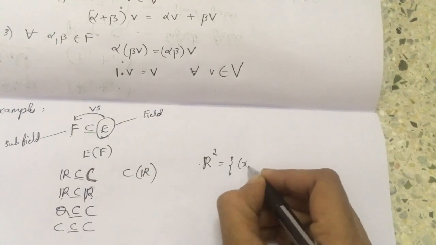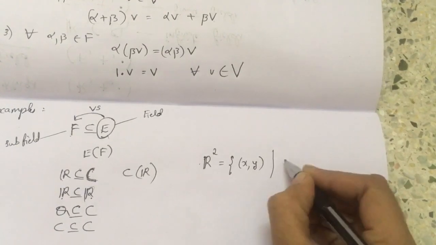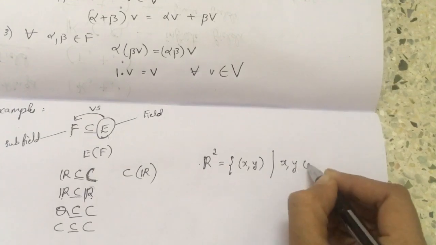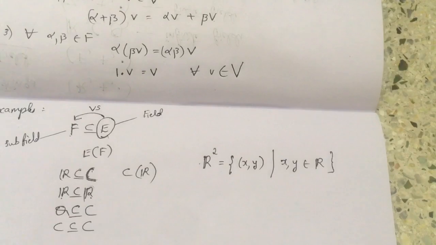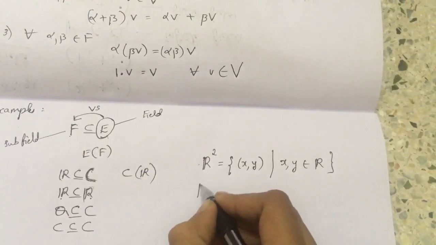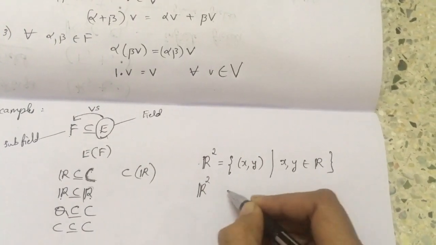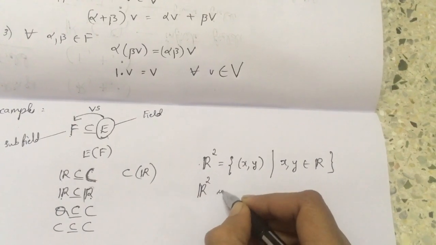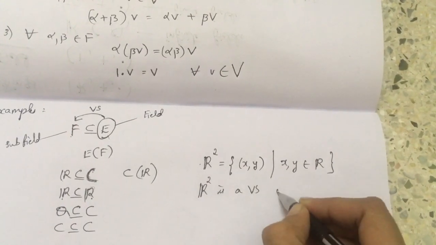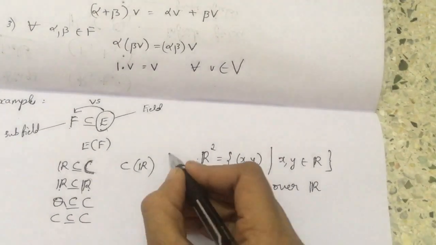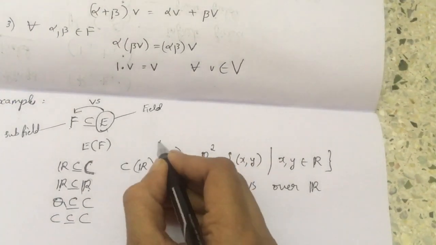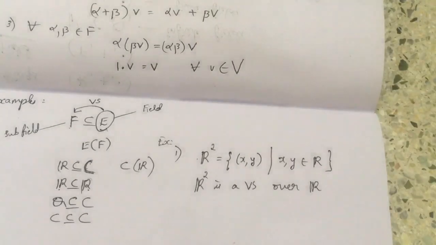It's an ordered pair (x, y) such that each of x and y belongs to the set of real numbers. Now this R2 is a vector space over the set of real numbers. You can check it; this is my first example.